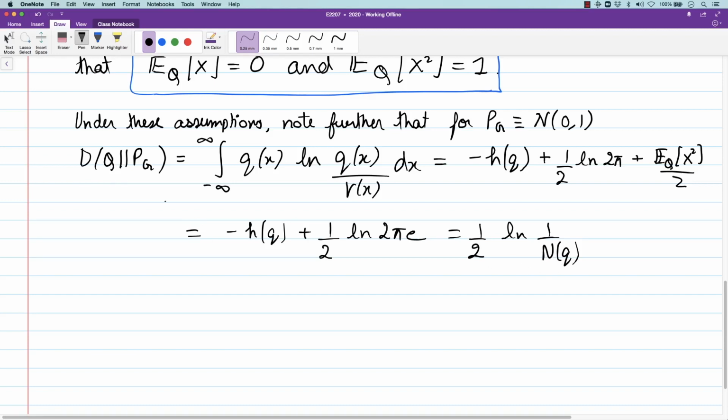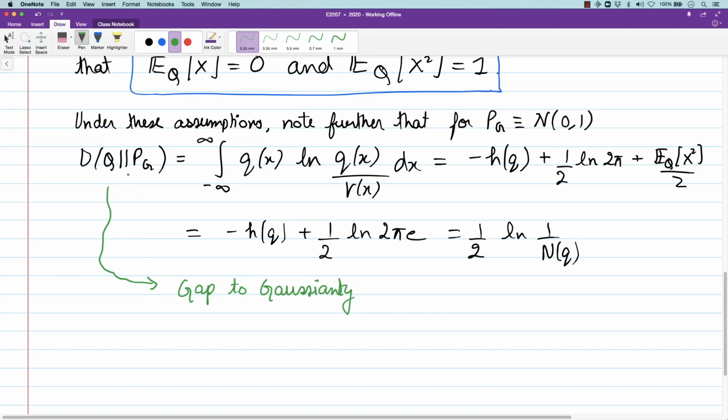Okay, so what is this guy here? This is basically what we can think of as gap to Gaussianity. So think of this distribution. Q is a distribution.